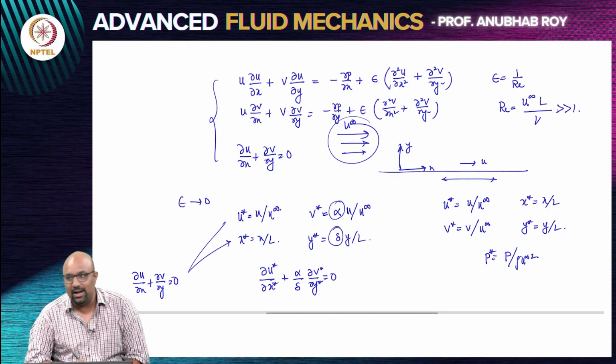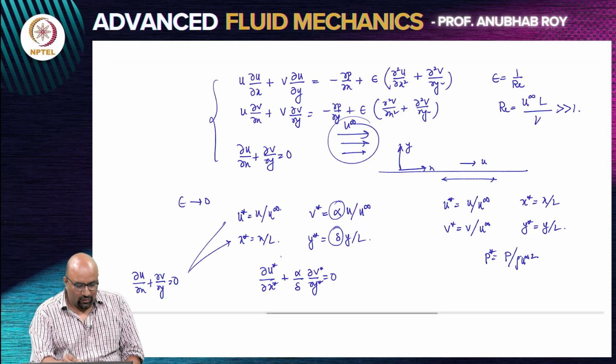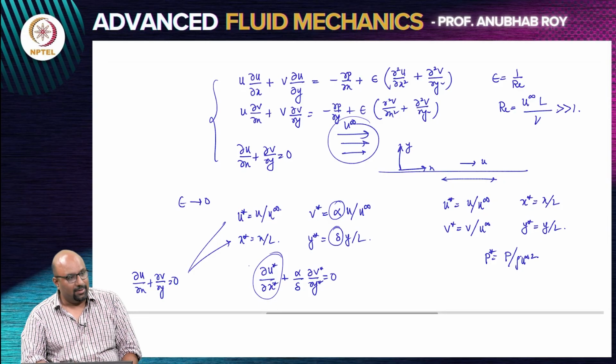So, when you non-dimensionalize them using these variables, you arrive at this. Now, what should be the relation between alpha and delta? Because if alpha and delta depend on epsilon, then how should they depend on epsilon? So, we want mass conservation to be valid.